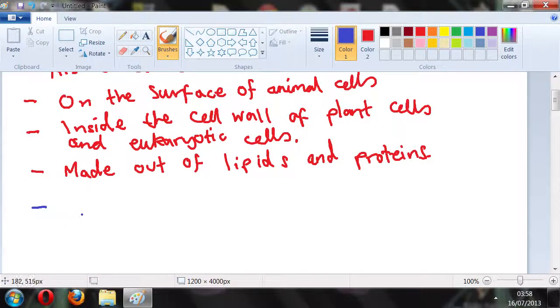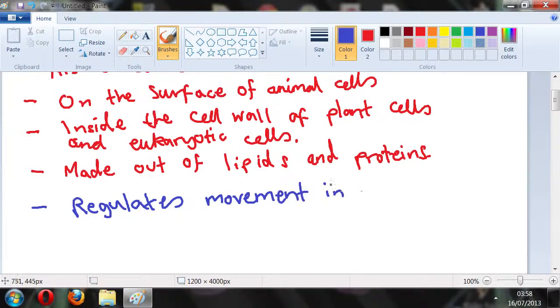Good. Right, so what it does: it regulates movement in and out of the cell.